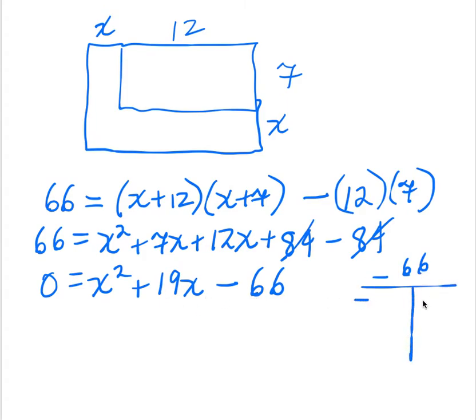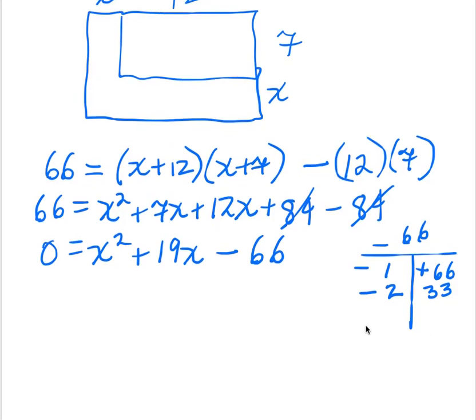So I'm going to have a positive and a negative that combine into +19. I'm going to have my larger absolute values on the right. So 1 and 66, right? That's not going to do it, that combines into 65. Okay, how about negative 2 and 33? Getting closer.